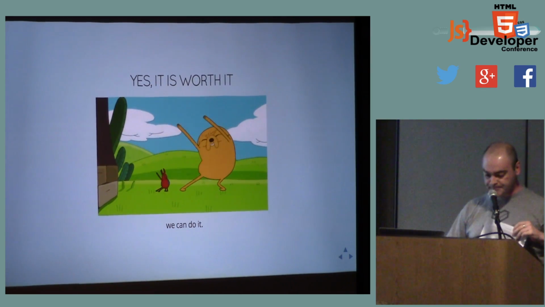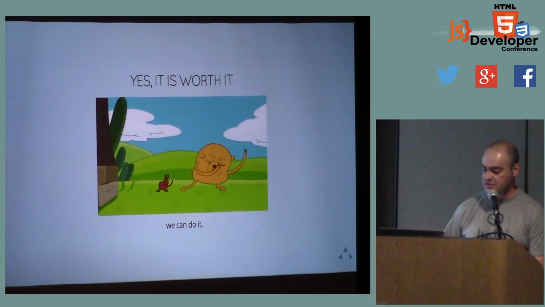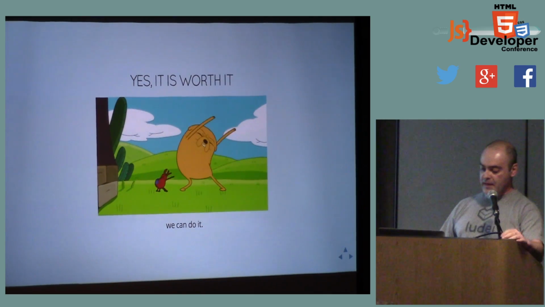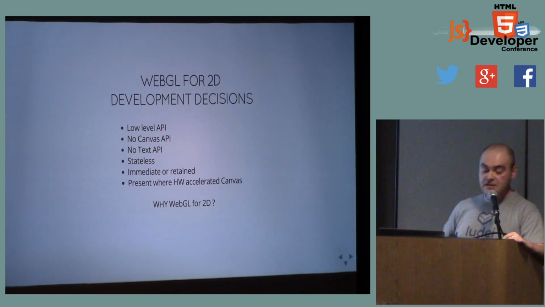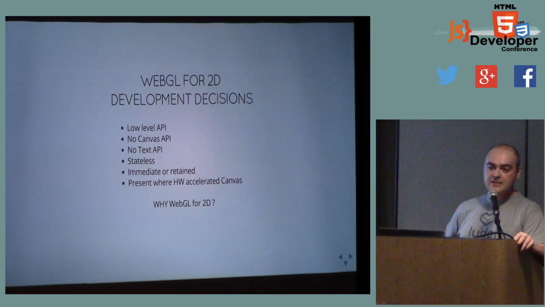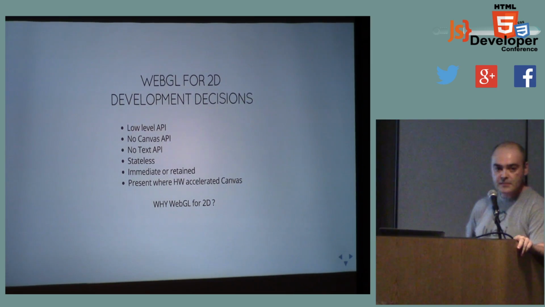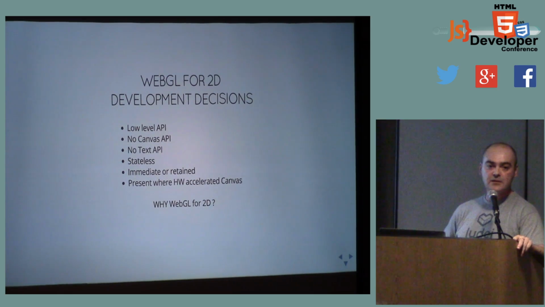So for us, when we go to develop a game and do something with WebGL for 2D, we have to make some development decisions. And I will get into code and optimizations in a couple of slides, but it's important to notice what WebGL actually is. WebGL is an extremely low-level API. It is not something where you could say, okay, let's use WebGL and our problems are going to be solved.